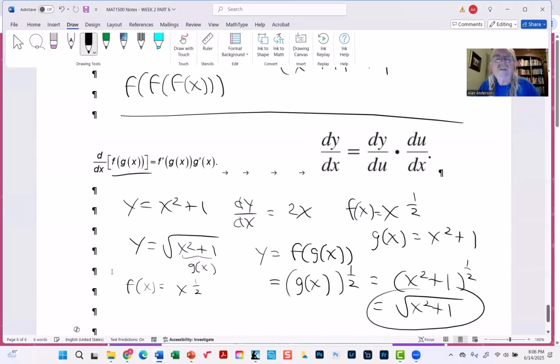So in other words, it may not be super obvious, but this is a composite function. This is not. So we can just go ahead and use the power rule. This is a composite function, and we must use the chain rule.